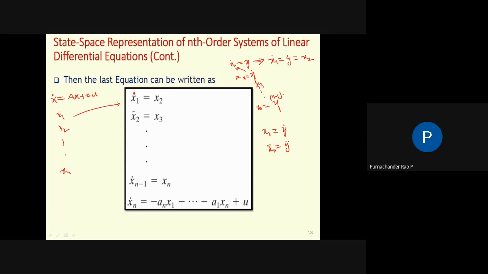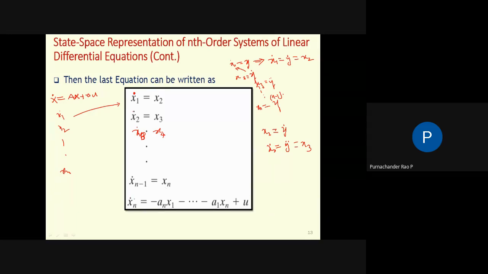This is x3. x3 is equal to y double dash, and therefore x2 dash is equal to x3. And that's why I am assuming x2 dash is equal to x3, x3 dash is equal to x4, and so on, up to xn minus 1 dash is equal to xn.